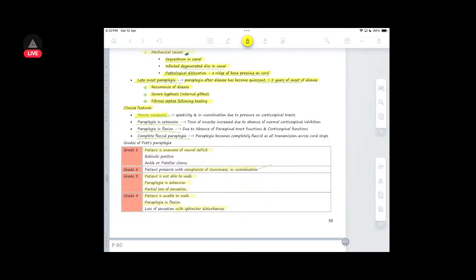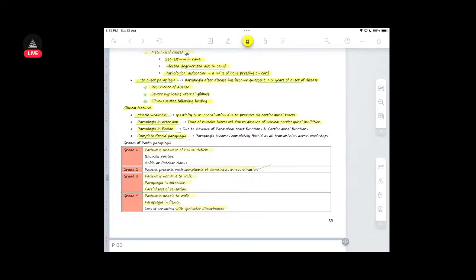So clinical features: you have muscle weakness, paraplegia in extension, paraplegia in flexion, and complete flaccid paraplegia. Muscle weakness is spastic with incoordination due to pressure on the corticospinal tract. In paraplegia in extension, the tone of the muscles involved will be increased due to absence of normal corticospinal inhibition.